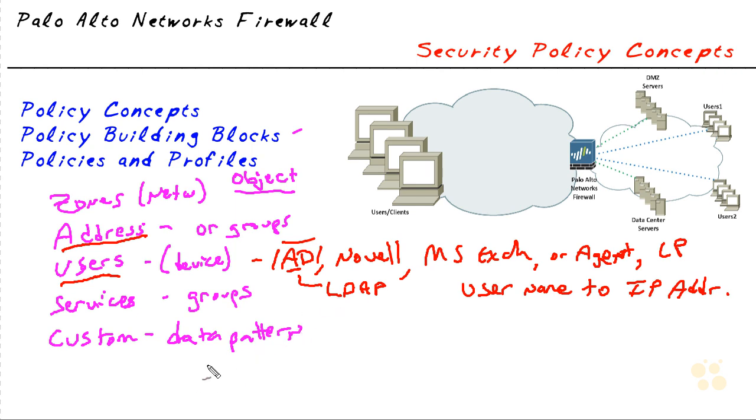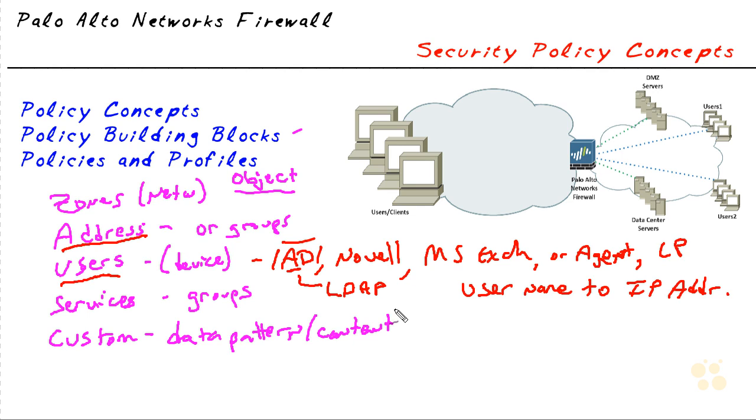Like spyware and URL categories, and there's a couple other things I'm not remembering at the moment. But mostly from a pattern standpoint, or say content, to get my details in place for what it is that I'm looking at. Okay? So these are all those things of where I'm going.